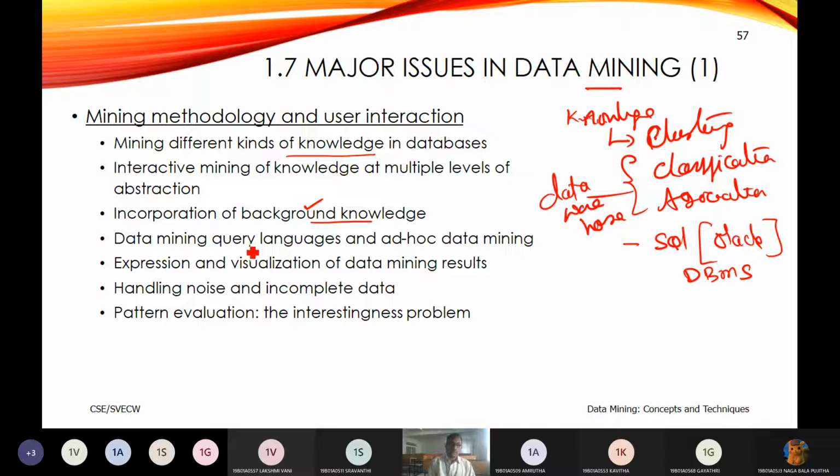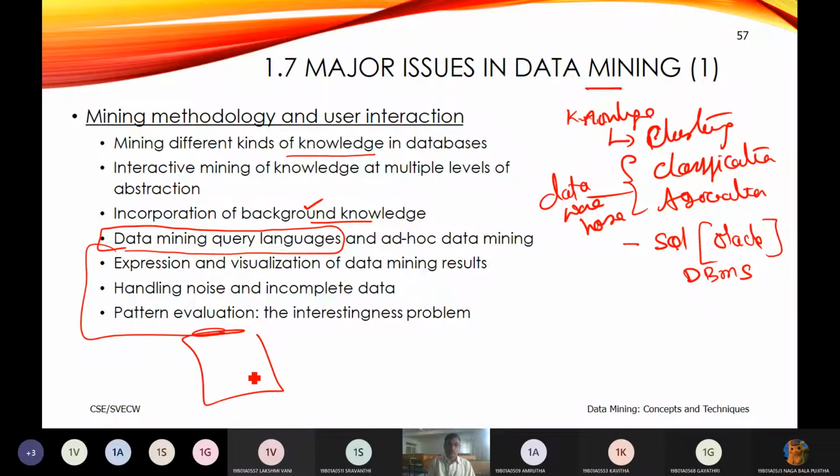Next thing was, we have SQL language to do the Oracle queries with the database management system. But to operate over a data warehouse, we need a data mining query language. So this data mining query language is going to make temporary queries.